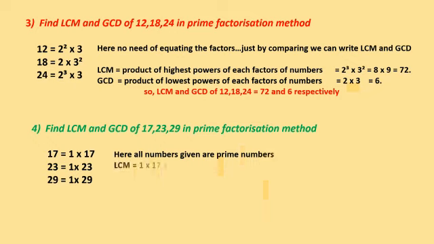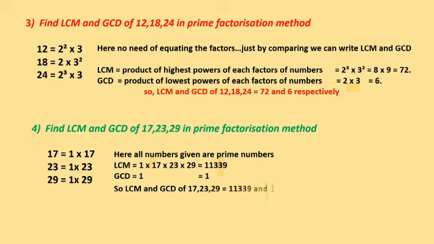So LCM is the product of all the numbers, 1 and 17 and 23 and 29, whose value is 11,339. Whereas GCD is 1. So the LCM and GCD of 17, 23 and 29 are 11,339 and 1.